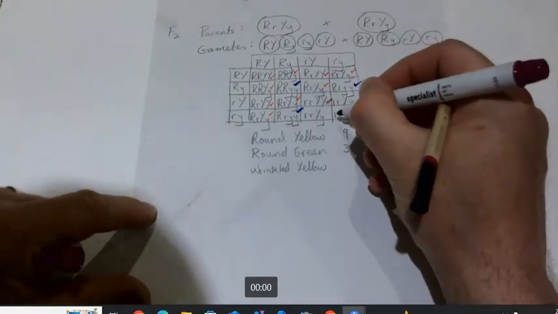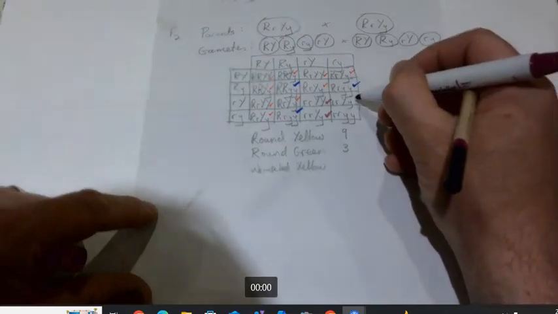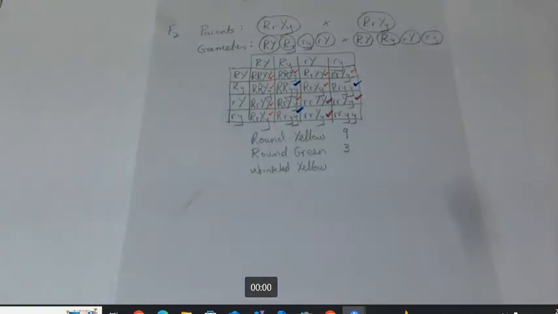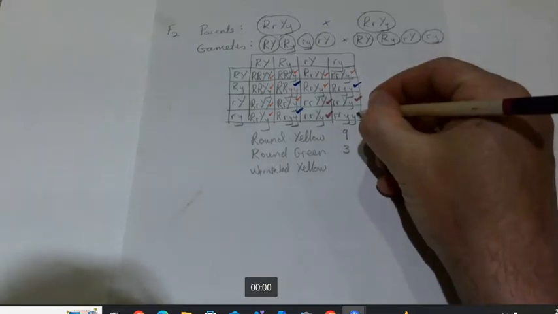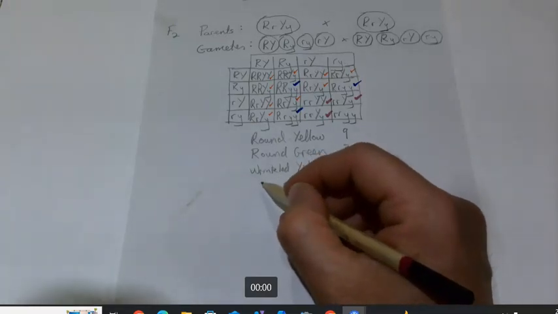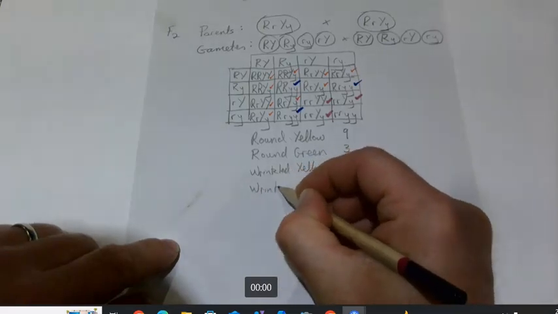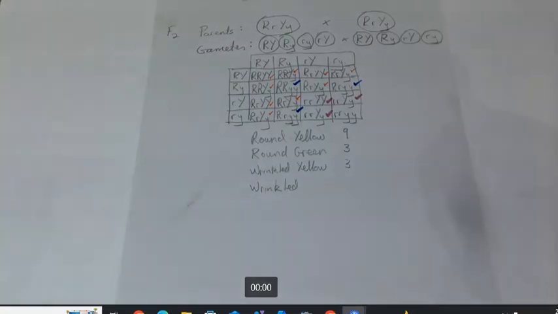There's 1, 2, and 3. 3 of those as well. Leaving me then with the last one here, which is homozygous recessive, so therefore it's wrinkled green, and there's just one of those.